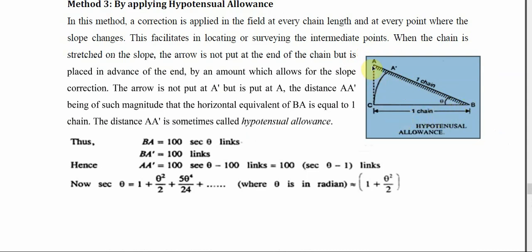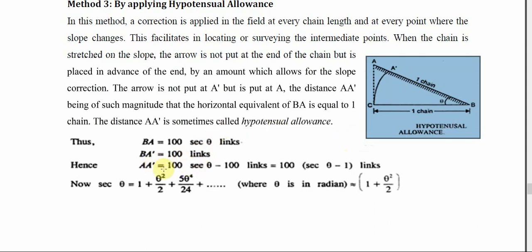So BA is given by 100 sec theta, if you take one chain length as 100 links. So BA dash is 100 links and BC is also 100 links.